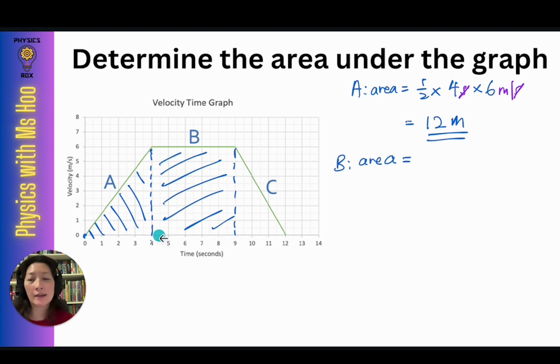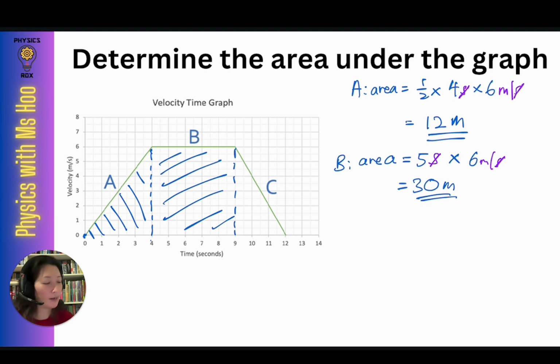You can see here the length is between 4 and 9, giving us 5 seconds, times the height, which is 6 meters per second. Again, we can cut the unit. Of course, you're going to get the same unit as with A, but just to further prove to you, all right? So we have 5 times 6, which gives us 30, and the unit is meters.